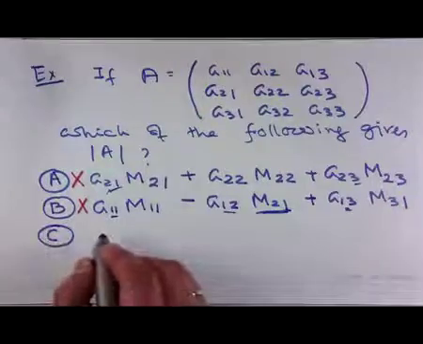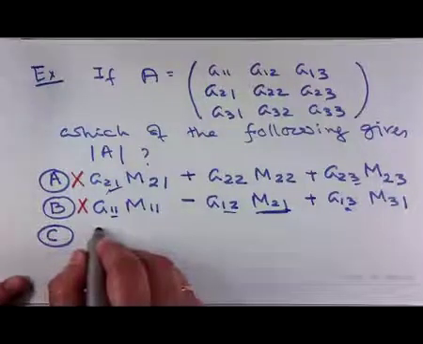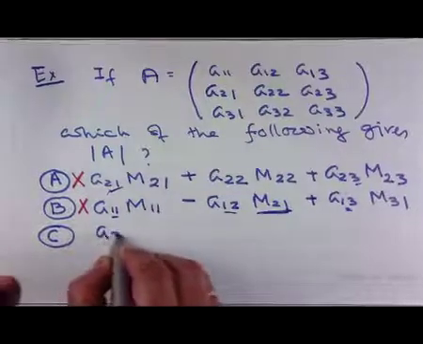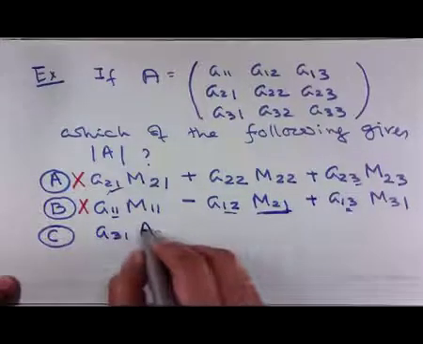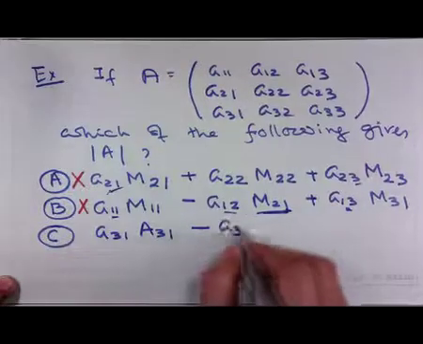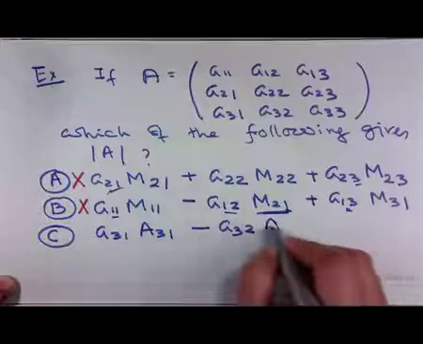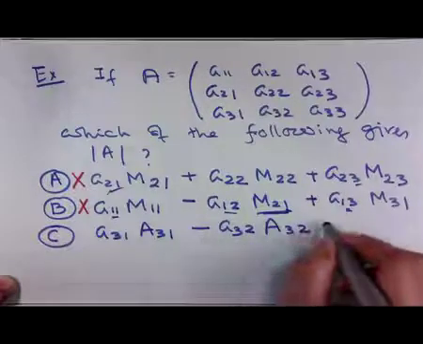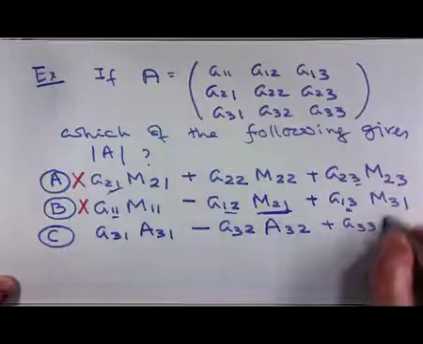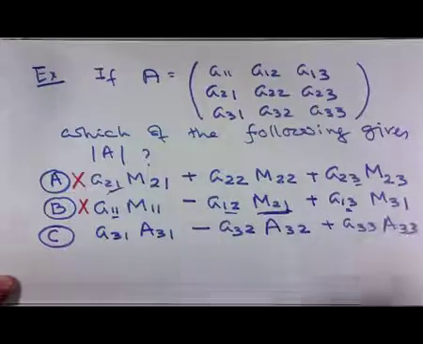Option C, a31 into A31 minus a32 into A32 plus a33 into A33.